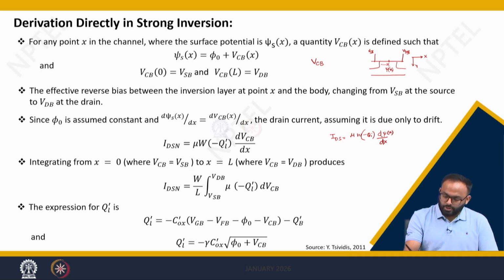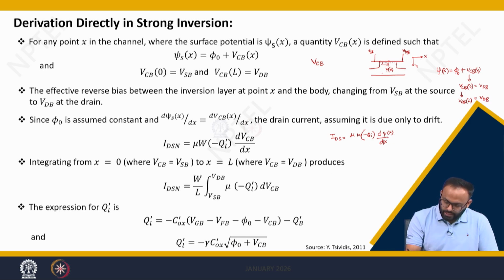So if you are in strong inversion, you can simply replace this psi x as phi naught plus VCB of x, where VCB is a reverse voltage which is actually appearing across this inversion charge and the P body. The limit of VCB at x equals 0 is nothing but VSB, and VCB at channel length L is nothing but VDB.